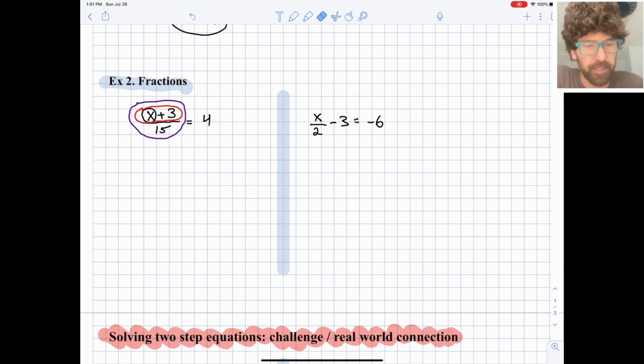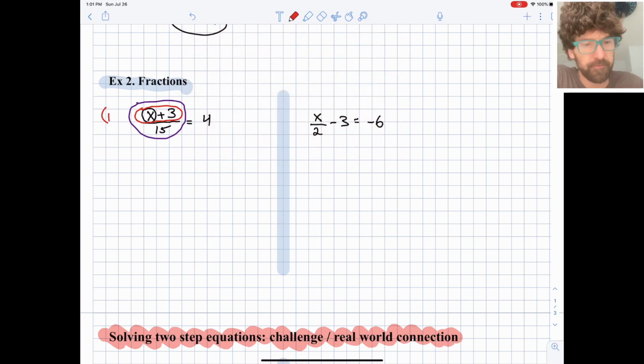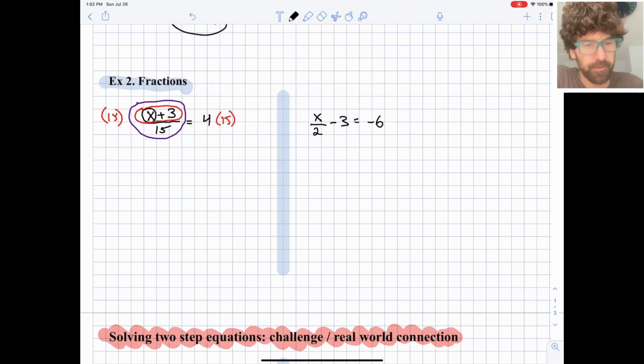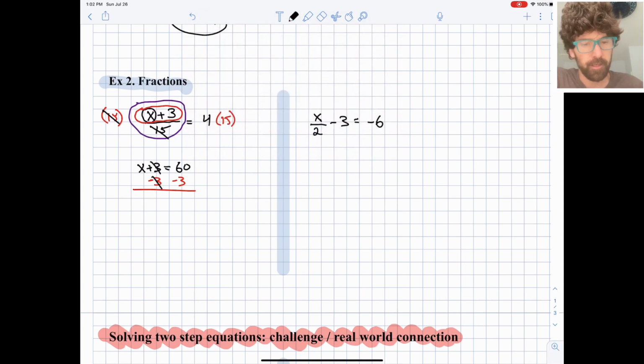Let's multiply both sides by 15, and I will try to model that. I'll do a times 15 over here and a times 15 over here, and that turns into an x plus 3 once these 15s cancel. We have x plus 3 equals 60, and then we will subtract a 3 from both sides, and we will end up with x equal to 57.